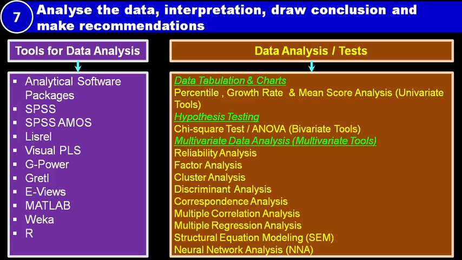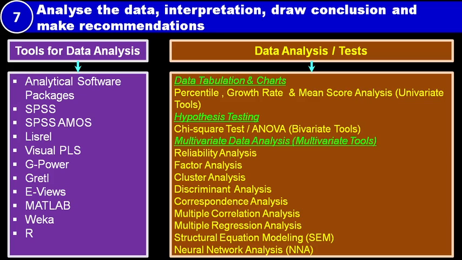The statistical tools that are used for data analysis are analytical software packages: SPSS, SPSS AMOS, LISREL, Visual PLS, and G-Power, etc. And the statistical tests for data analysis are data tabulation and charts, percentile, growth rate, and mean score analysis. These are the univariate tools.